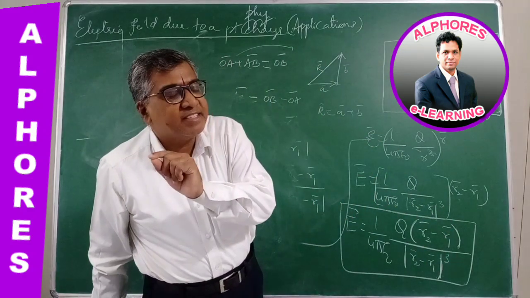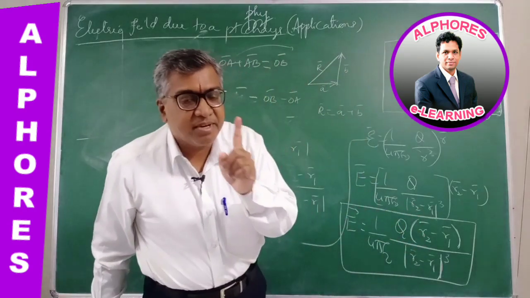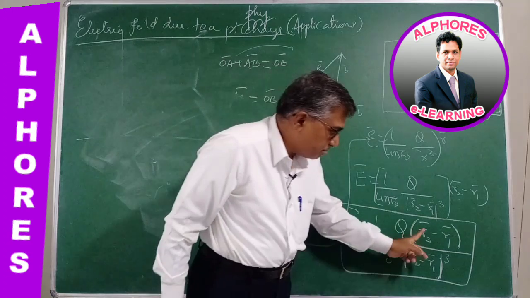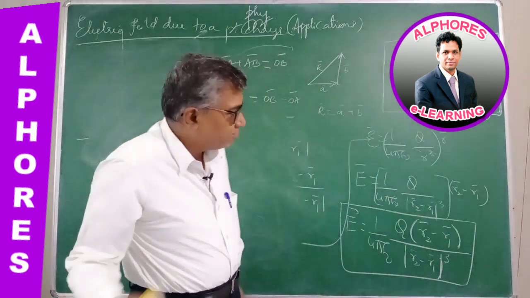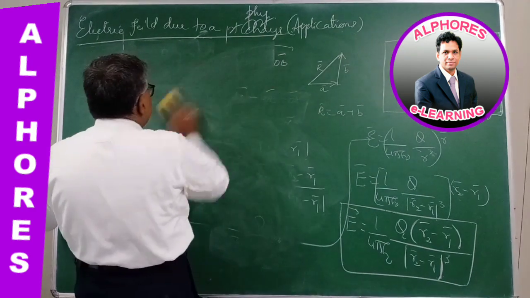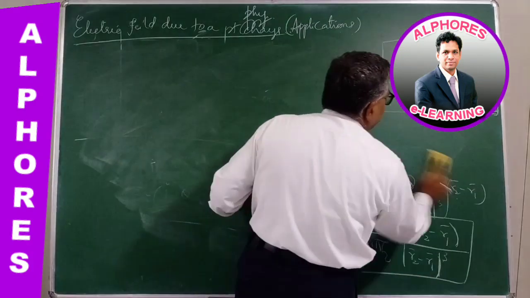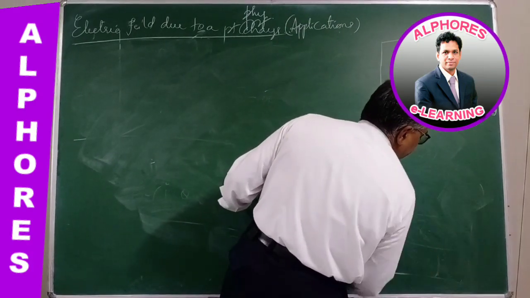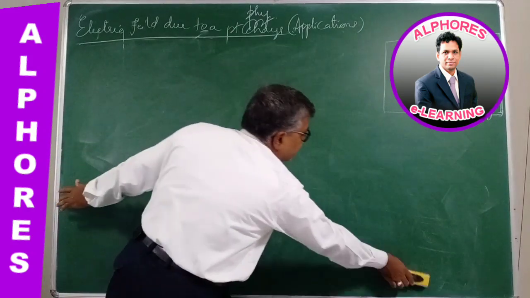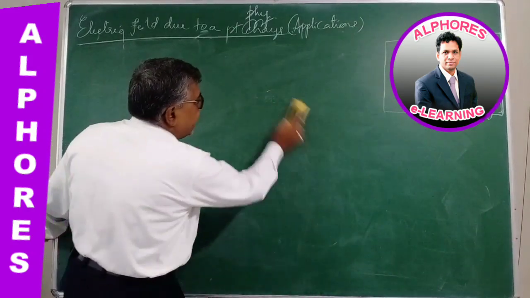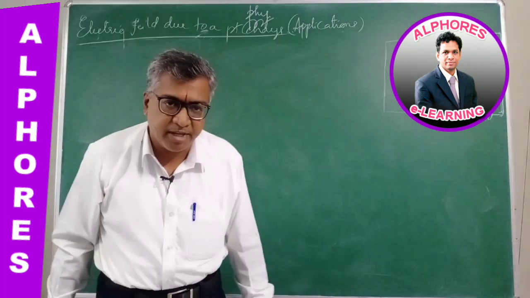And R2 bar has coordinates x2, y2, z2, so R2 bar is x2i plus y2j plus z2k. Substitute here, evaluate, then find the magnitude. This way you can find the electric field due to any charge placed at any point in the Cartesian plane. We just have to know the coordinates or the position vectors of the points. Okay?